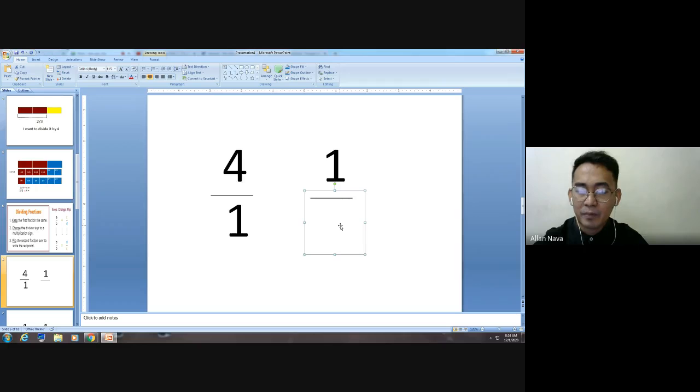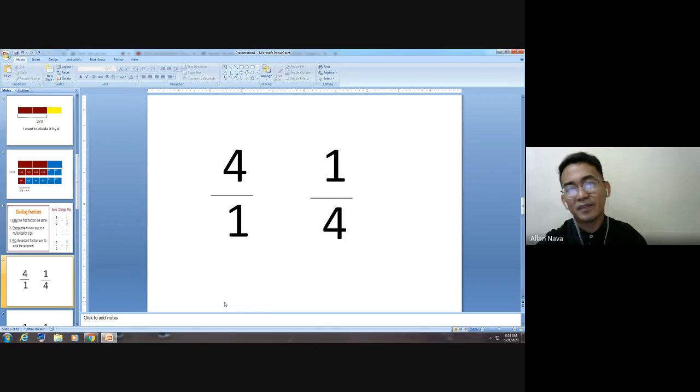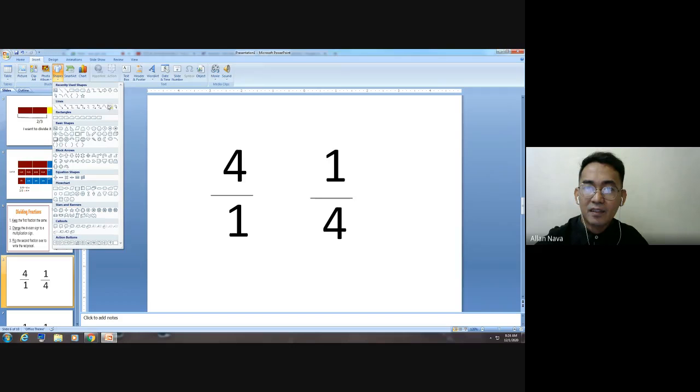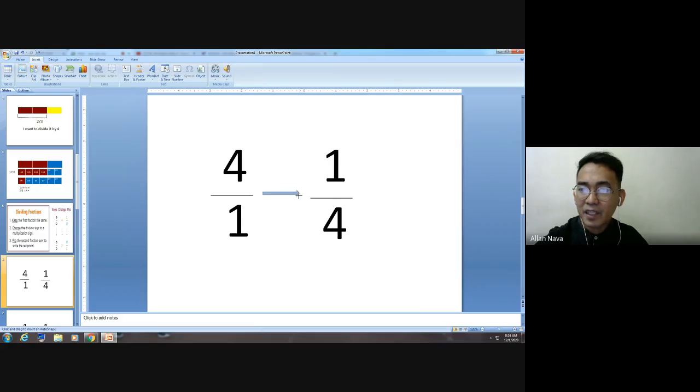So that's how you flip. From 4 over 1, magiging ano siya? Okay, definitely magiging 1/4. That's how you flip. So lahat ng whole number class, pag flip ninyo, yung 1 mapupunta sa taas, tapos yung number na kinukuha natin yung reciprocal mapupunta sa baba.